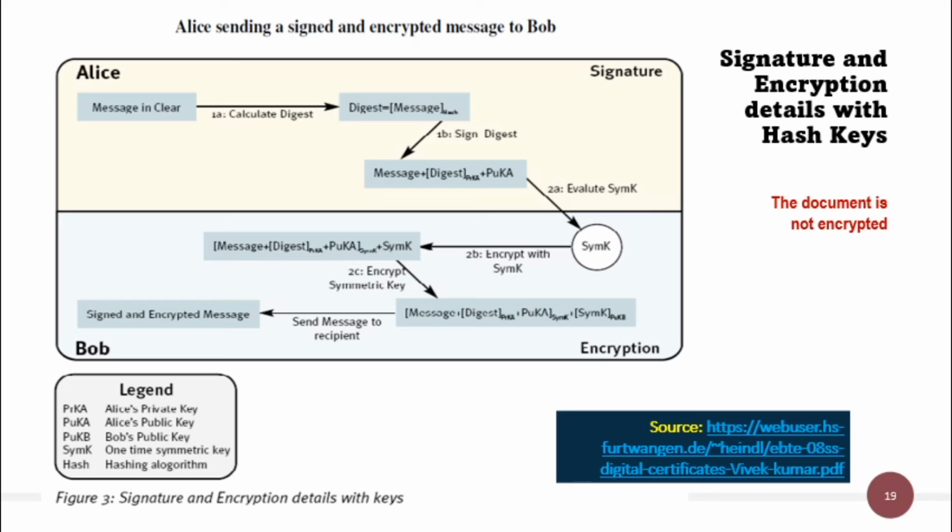And this is signature and encryption detail with hash keys. This is the difference. First, Alice sends a message and then calculates the hash using a message digest. This is a message digest. It means that it makes the hash, and then using a public key, and the one-time symmetric key.